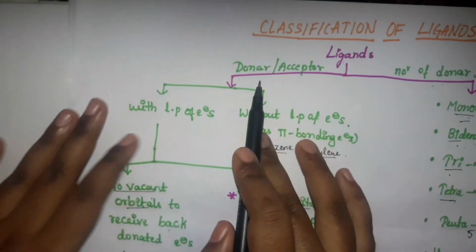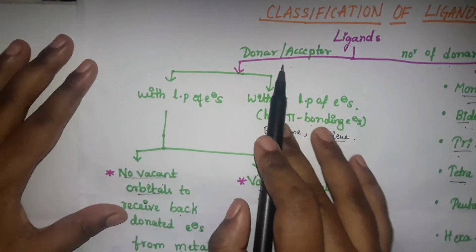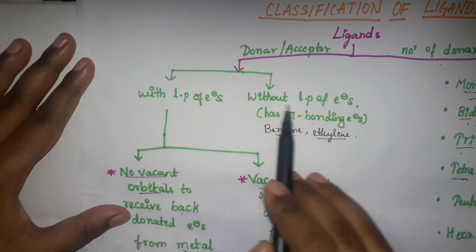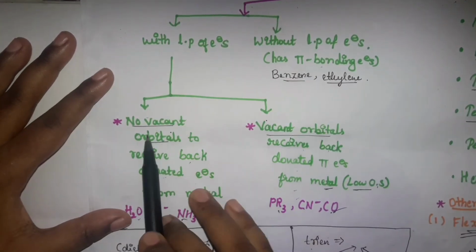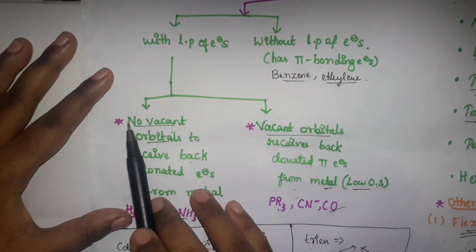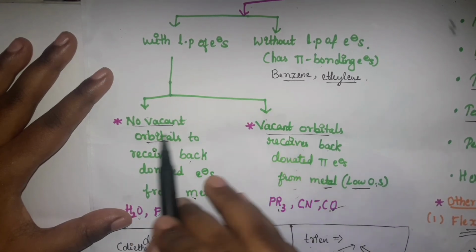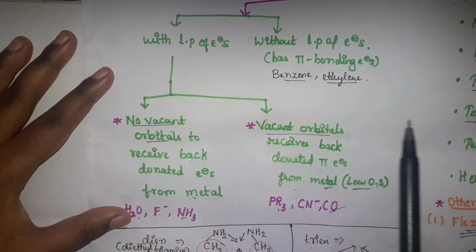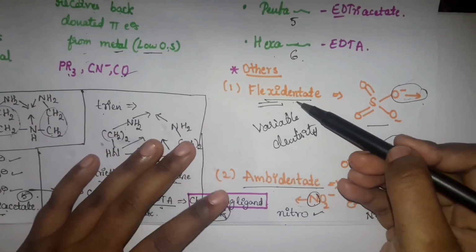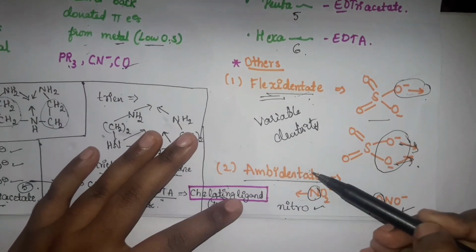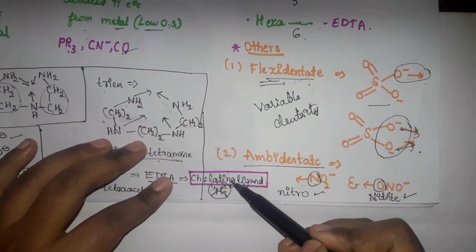Based on donor or acceptor properties, there are ligands with lone pair of electrons and without. With lone pair of electrons, again two classifications: with vacant orbitals and without vacant orbitals. Another classification is flexidentate ligands, ambidentate ligands, then chelating ligands.